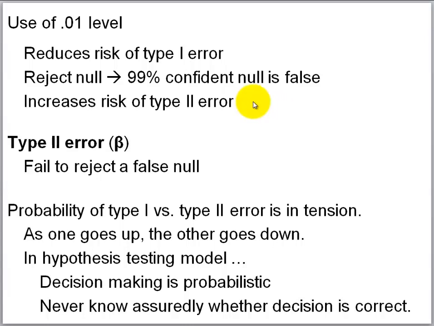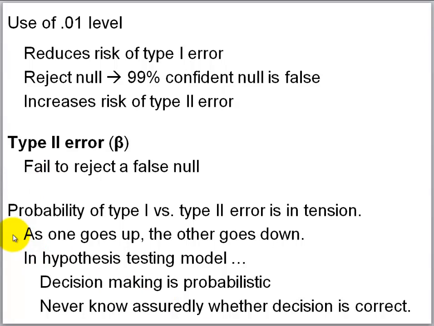Now, on the other hand, though use of the 0.01 level reduces risk of type 1 error, it increases the risk of type 2 error. Type 2 error is the failure to reject a false null. So there's a bit of tension, in essence, between type 1 and type 2 error.